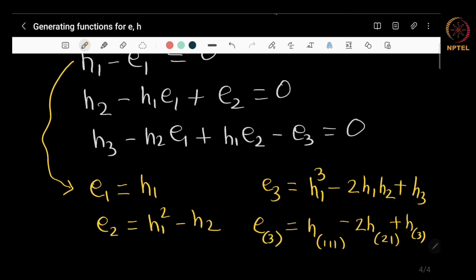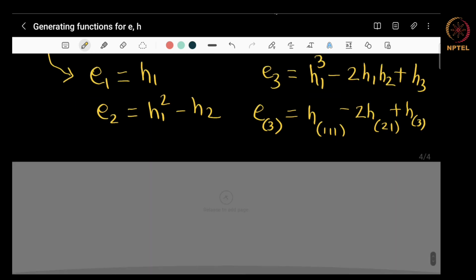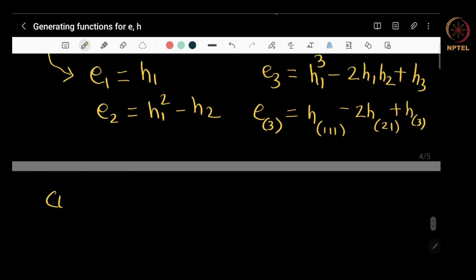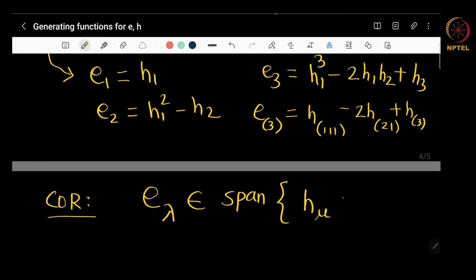So what this says is that each e_n we can write as some linear combination of the h's. So the corollary from this computation is the following: not just e_n, if you take any arbitrary e_lambda, it is in the span of the h_mu's.